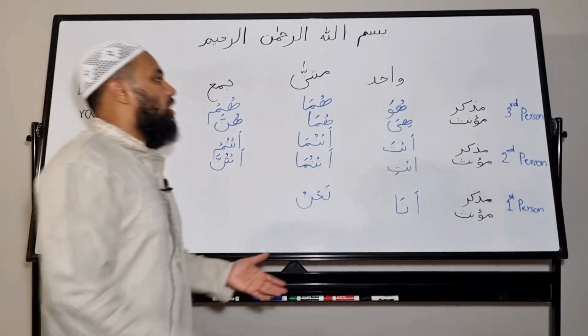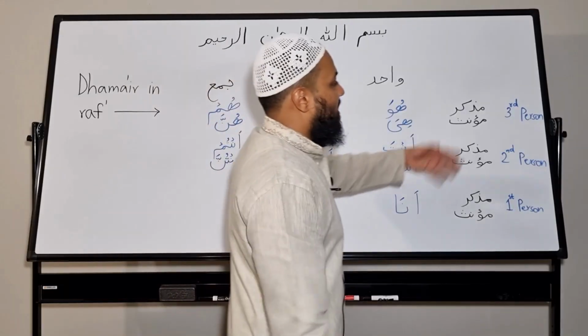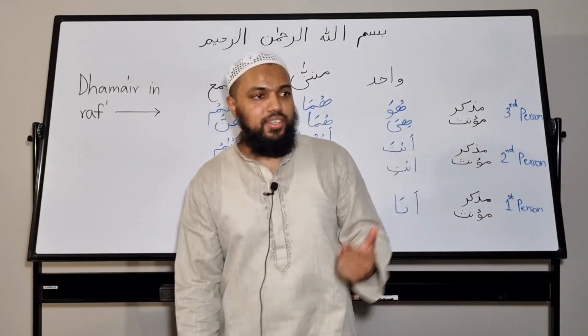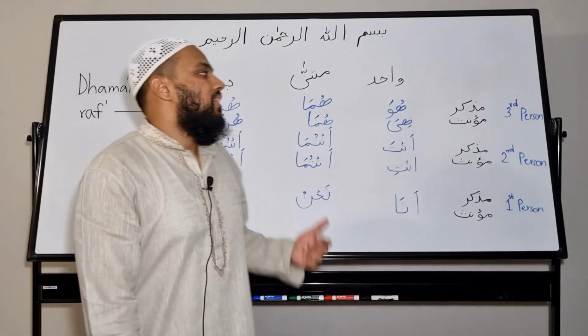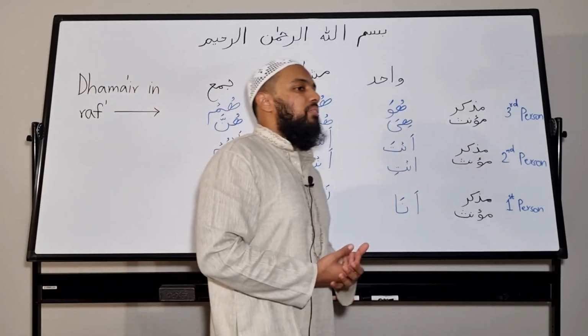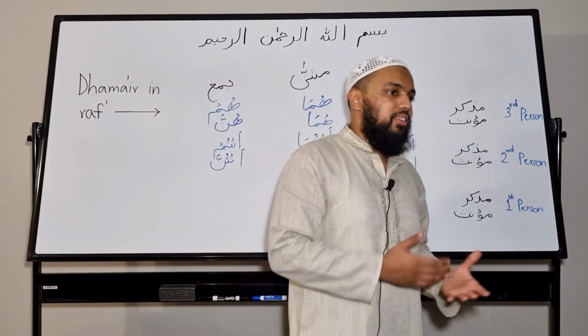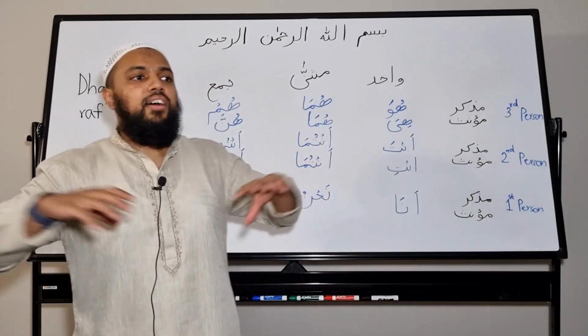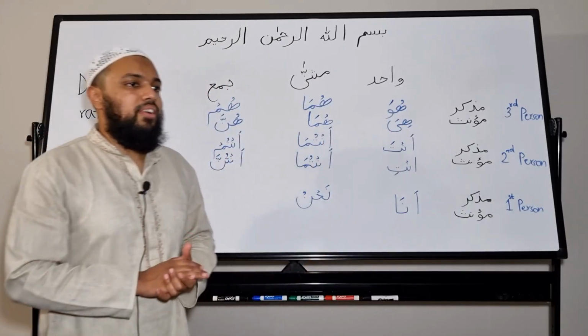Before we get into the table, let's understand what third person, second person, or first person is, right? When we communicate, when we are doing a conversation, there are three types of people, right?